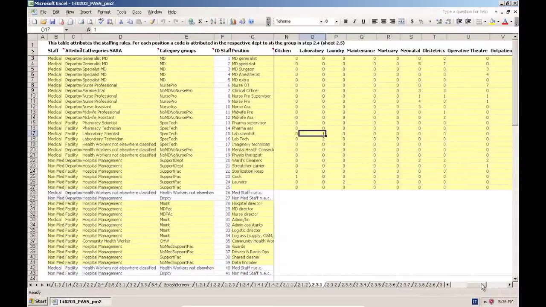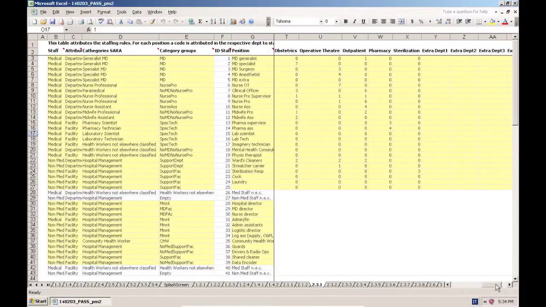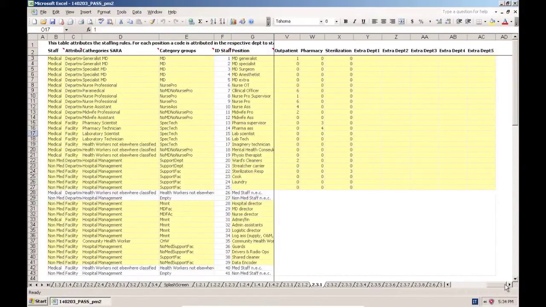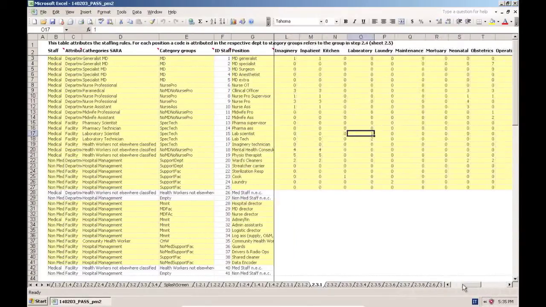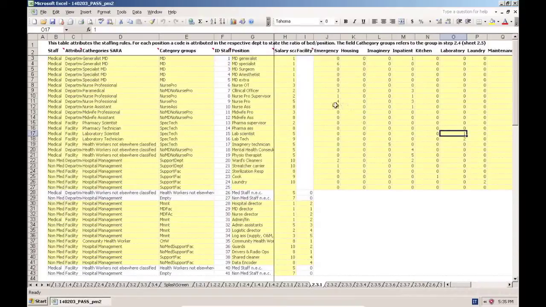This table works like this. You see you have the usual departments plus already the slots for 5 extra departments that can be added. Now it's already compiled, but of course you can change it.